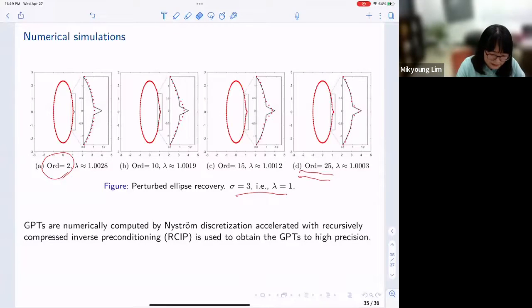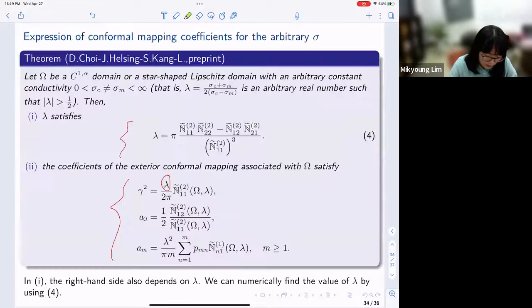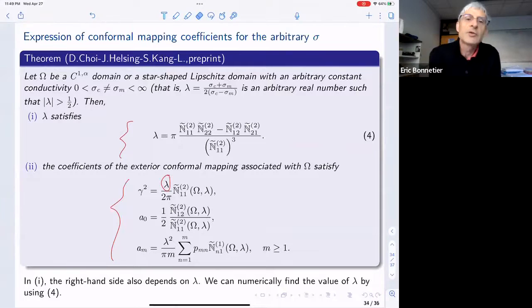Yeah, I see that it has a corner, an ellipse that's perturbed to have a corner. So this works for C^{1,alpha} domains and also for Lipschitz domains satisfying the star-shape condition. So it does extend to Lipschitz domains. Yeah. Okay. All right.